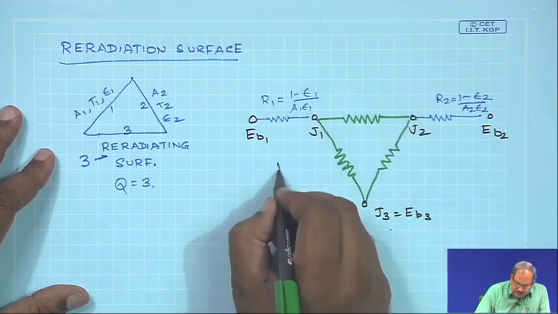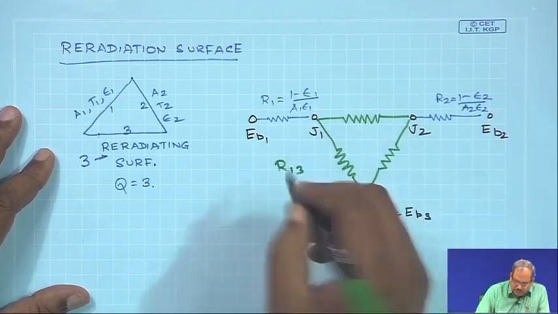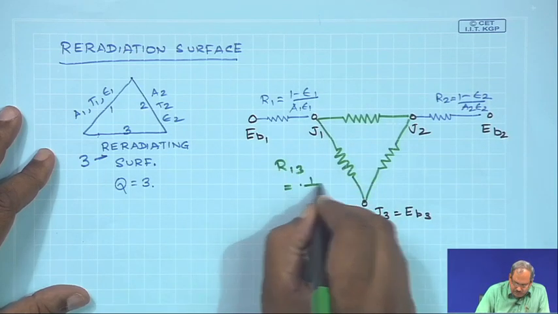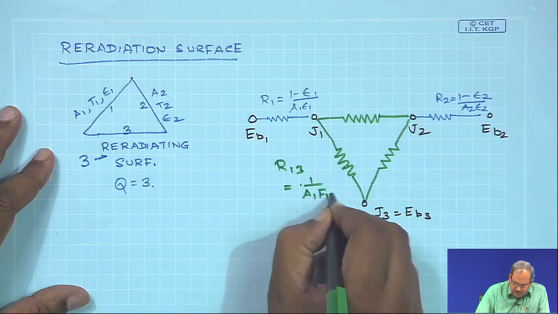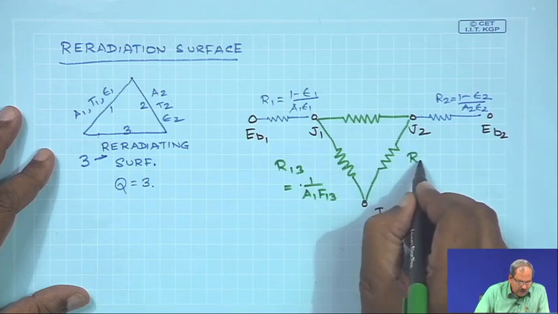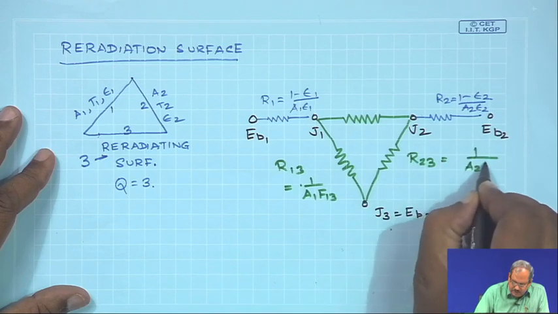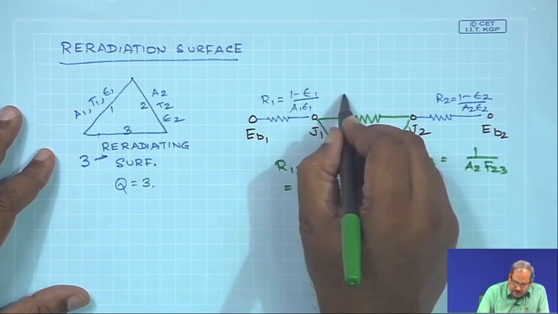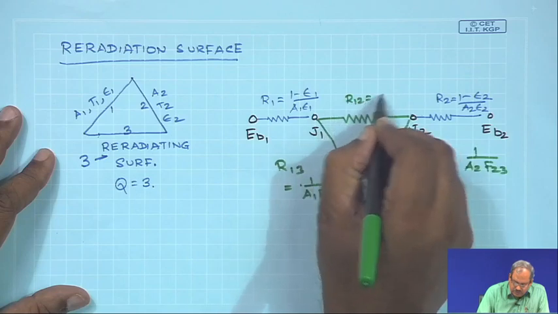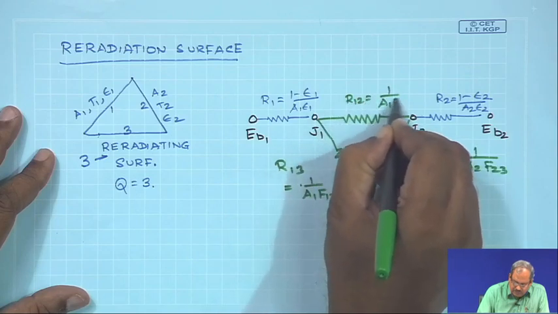So, in this case R13 should be equal to 1 by A1 F13, this is R23 would be 1 by A2 F23 and R12 would be 1 by A1 F12.